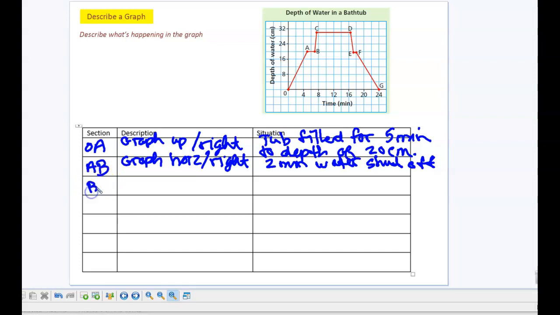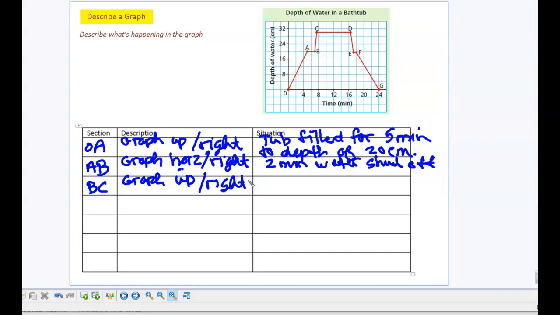From B to C, the graph, oh, shoot, I'm just going to rewrite this again. Again, the graph is up and again to the right, and it's a very short time frame.